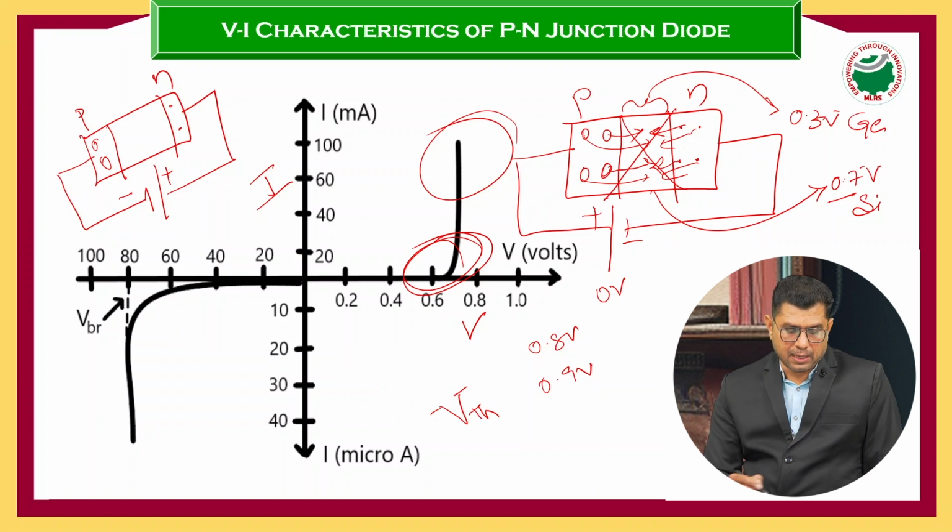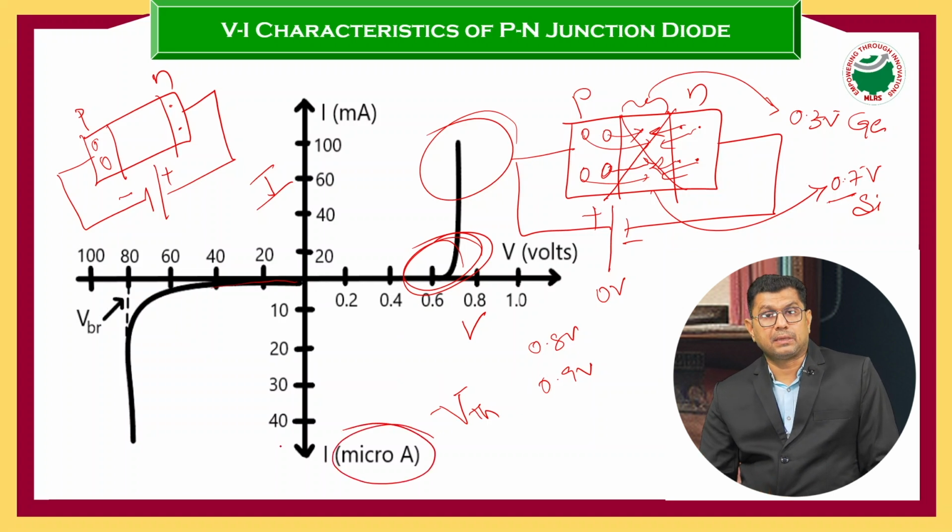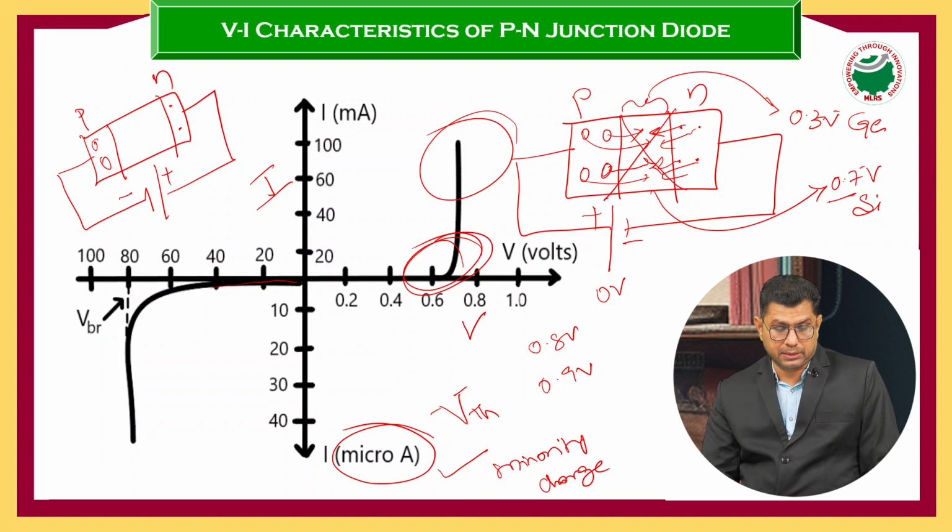Under reverse bias, a small current flows through the junction. This small current, I told you, is of the order of microamperes. These microamperes flow because of the minority charge carriers crossing the junction.